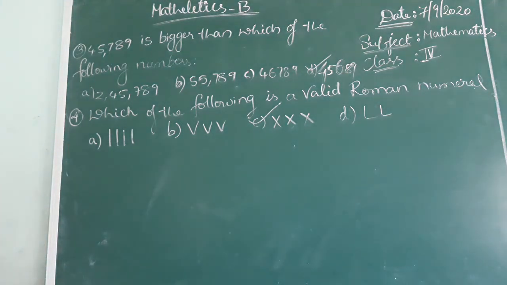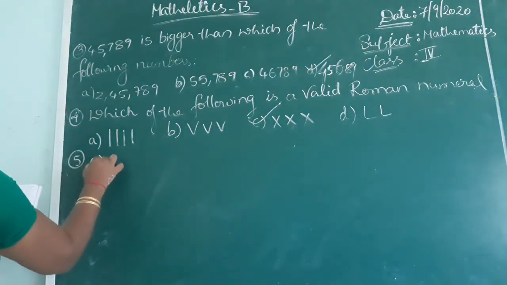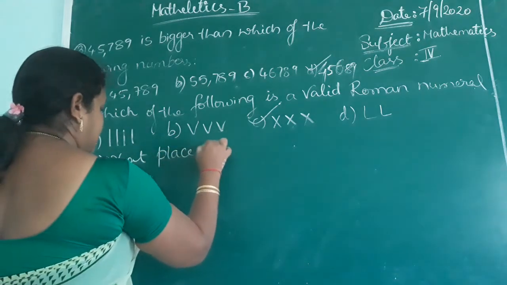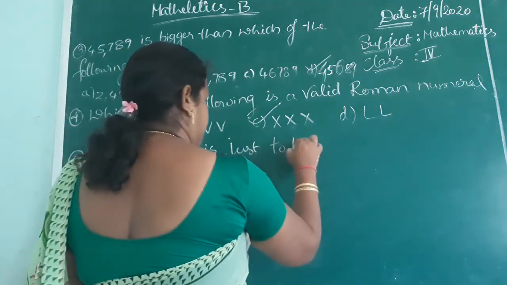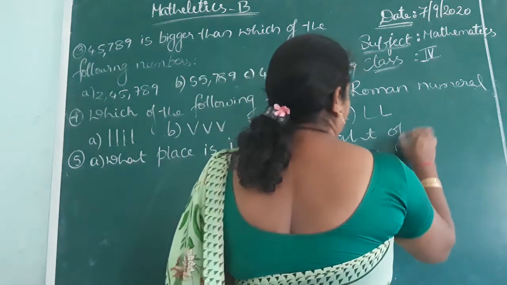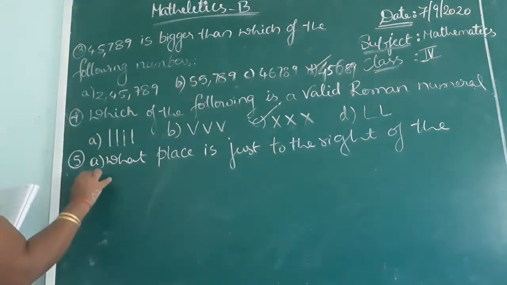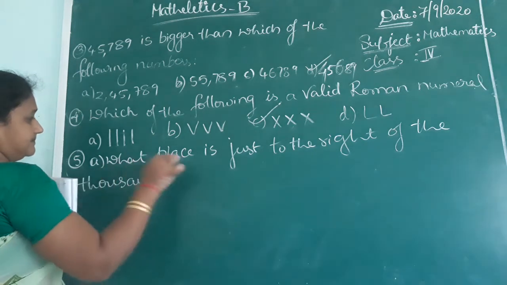Next, fifth one. What place is just to the right of the thousands place?